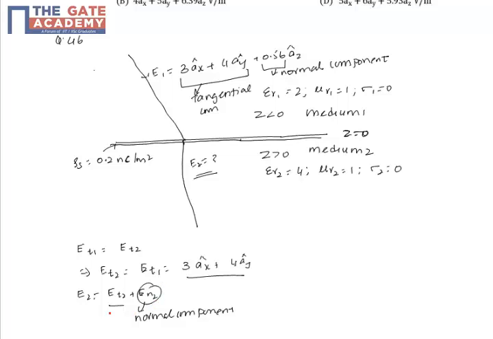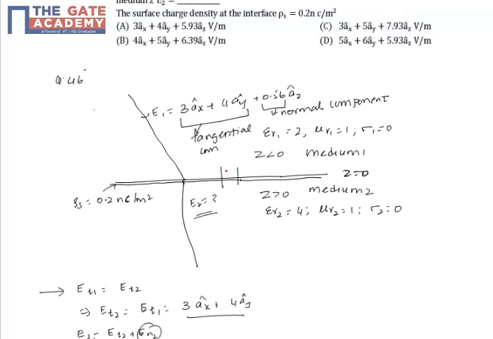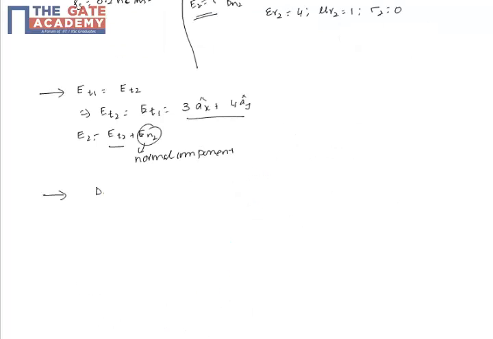So we have the boundary condition for the normal components of the electric fields. If we consider the surface where the electric flux density in medium 1 is Dn1 and the electric flux density coming out of this is Dn2, with surface charge density of the reference plane considered as rho s, then we have Dn1 plus rho s is equal to Dn2.